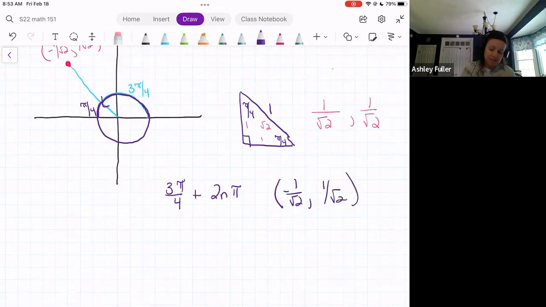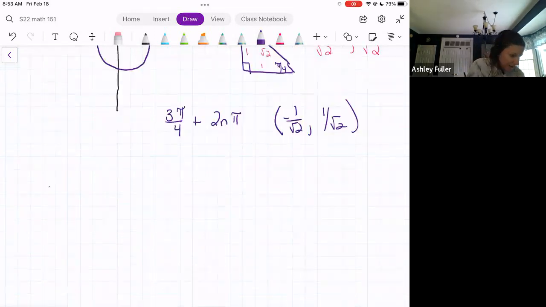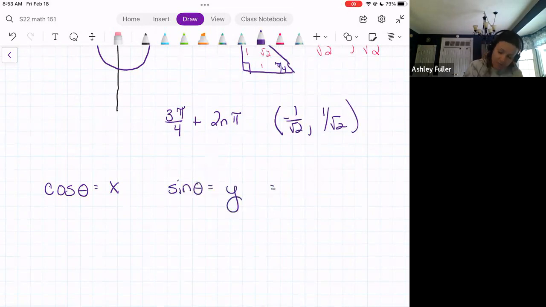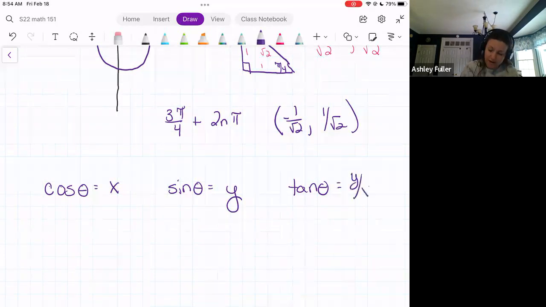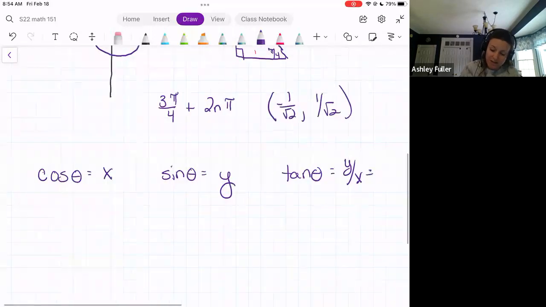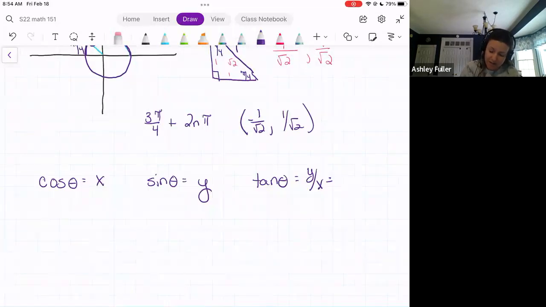And this leads us to the summary of what we can say: the cosine of theta equals x, the sine of theta equals y. Notice that the tangent of theta, remember tangent is opposite over adjacent, is going to be y over x, which also lets us calculate tangent by sine over cosine.